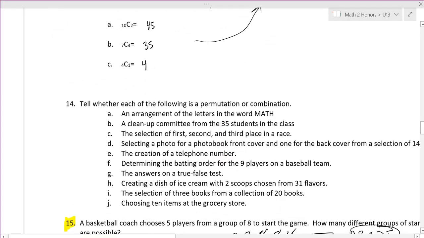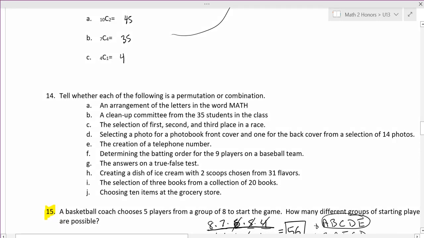Tell whether each of the following is a permutation or combination. I think I did a couple of these with you, but I'll go through all of them. So on A, if ever you see the word arrangement, by default it's a permutation. If ever you see committee, that's going to clue you into we're dealing with a combination.